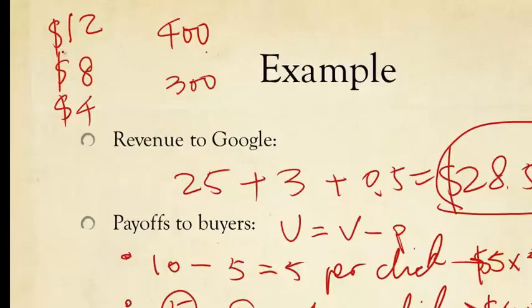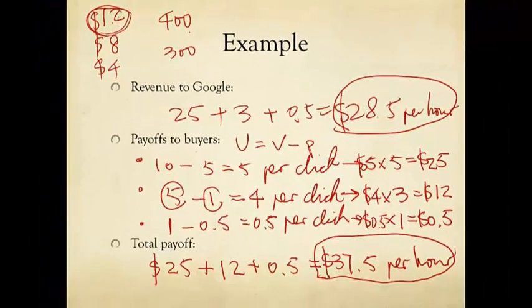Now, let's say, what should the first bidder do? You may think, well, maybe she should bid the truthful bidding. So she should bid 12, or equivalently 12 times 400 for the first spot, 12 times 300 for the second spot.